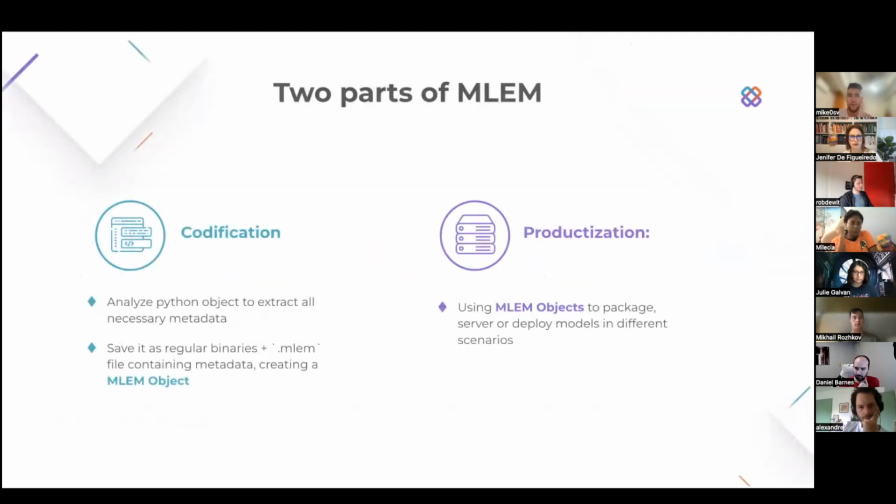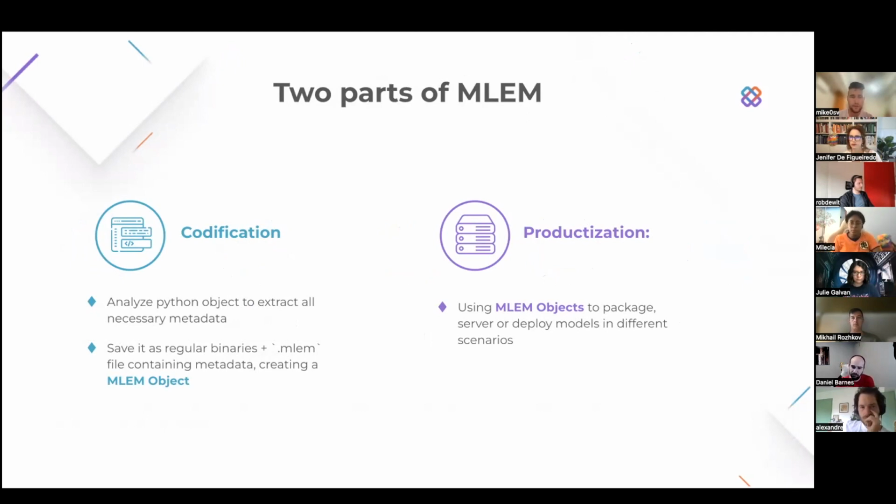So there are two parts of MLEM. The first one is about codification. It's the step when we take your Python object and we extract all the metadata I explained just now. And then we save your model as some regular binaries. I mean pickle files, some weights files for neural networks, and so on.